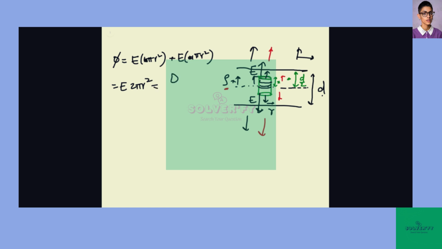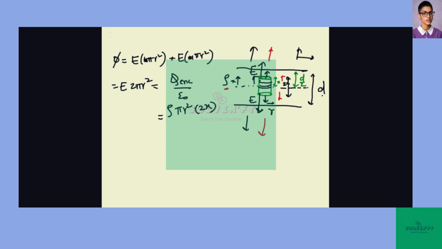Now this must be equal to charge enclosed divided by epsilon naught. Now charge enclosed is simply rho times the volume. The volume of the cylinder is pi r square times 2x, because the length of the cylinder is 2x and the area of the cylinder is pi r square.